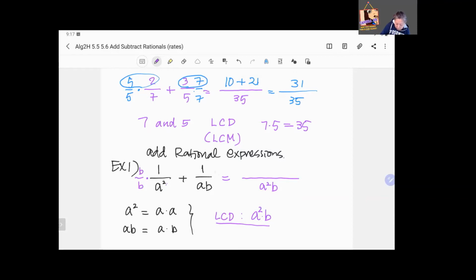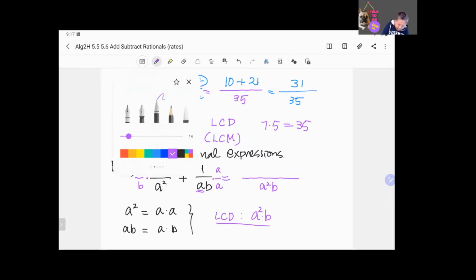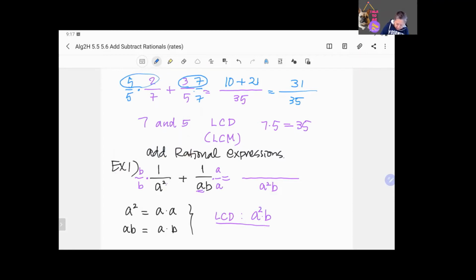Then what do I have to do on the second rational expression here? I have to multiply what? There's only one a there, so I need one more a, so a over a, right? So then the top will be b times 1, which is b, and then 1 times a, which is a.